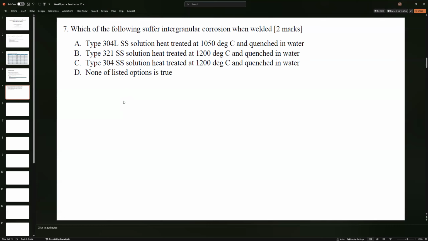I got confused in the last lesson, thinking you're welding it first and then doing the heat treatment. It's the other way around. The steel is already heat treated and now you're welding it.